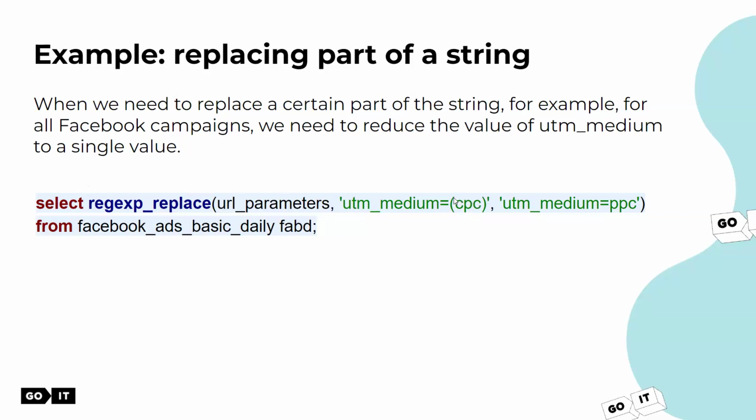This is the current value of your URL parameter, UTM medium equals CPC, and you want to replace it with UTM medium PPC. So this is how you will be able to replace using a regular expression.